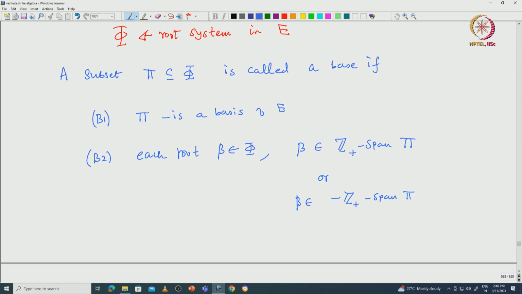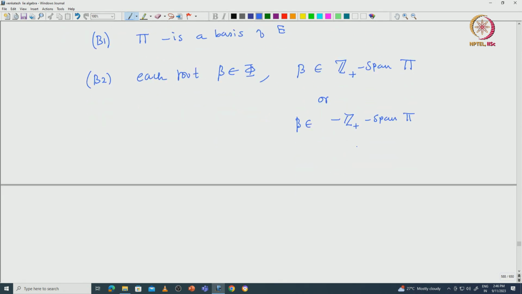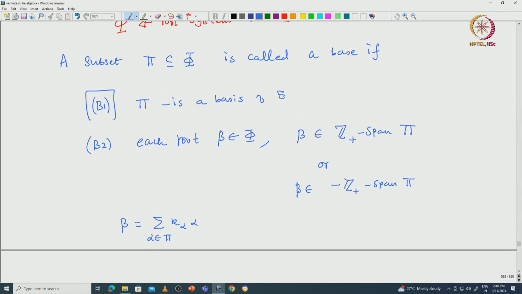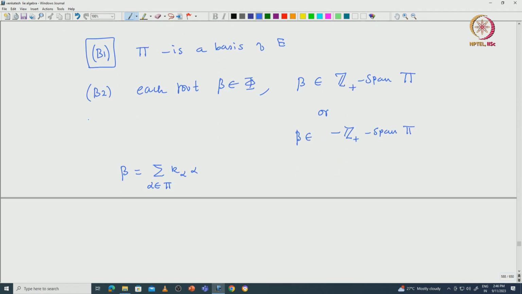What is the meaning of that in terms of coefficients? Beta can be written as the summation of k alpha times alpha, with alpha coming from pi. This is guaranteed from B1, which tells us that each element beta of phi must be written as some linear combination of elements from pi.